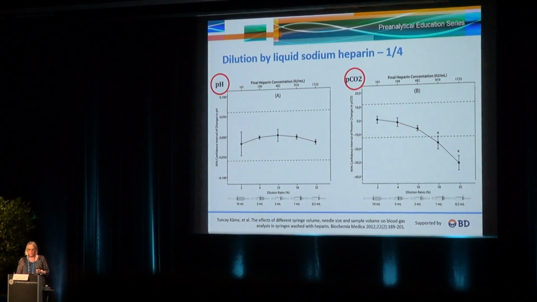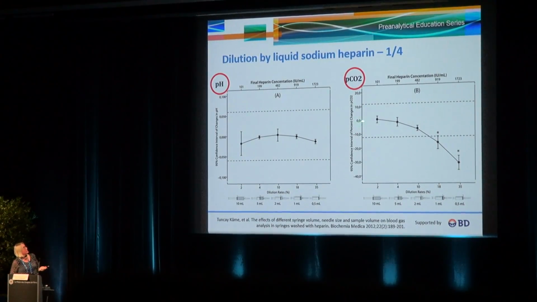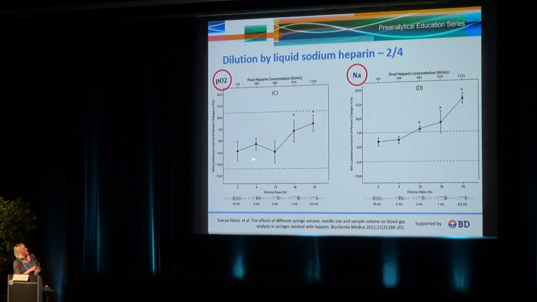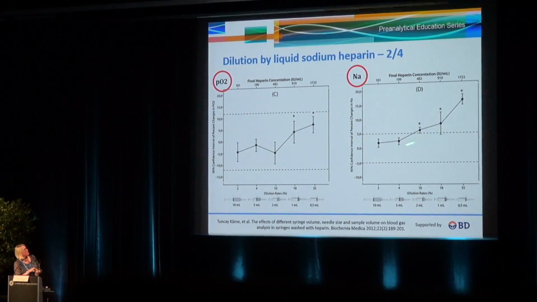What will liquid heparin do to your sample? This is just to illustrate how liquid heparin affects the different parameters in your sample. It will decrease the carbon dioxide, and increase, as I said, oxygen, because heparin contains atmospheric oxygen pressure. It will increase sodium if you use sodium heparin.